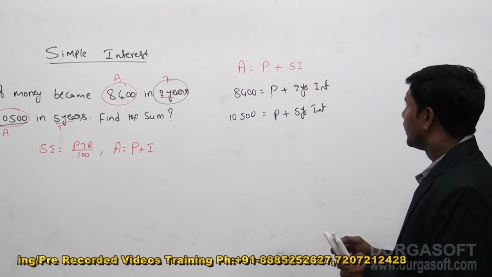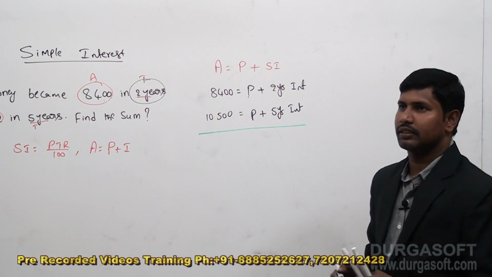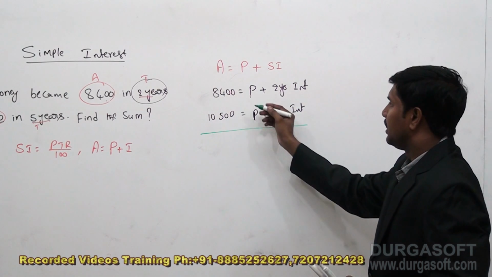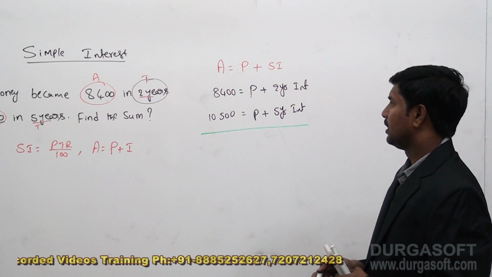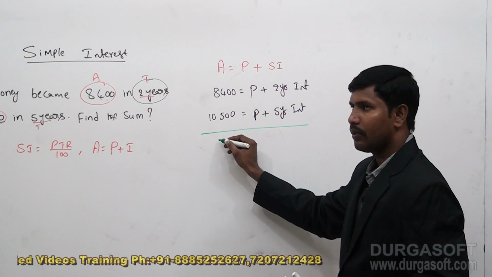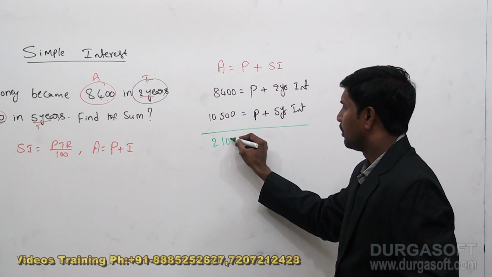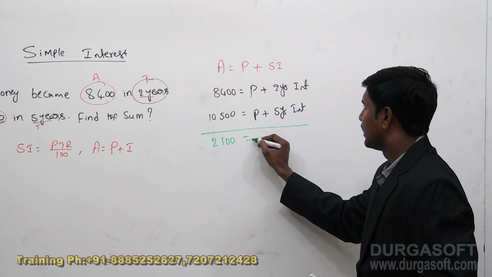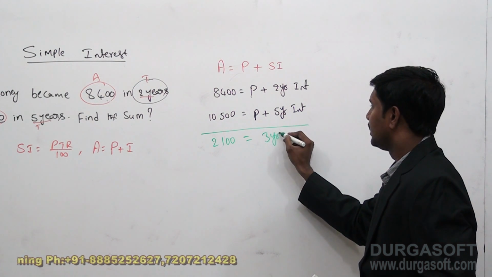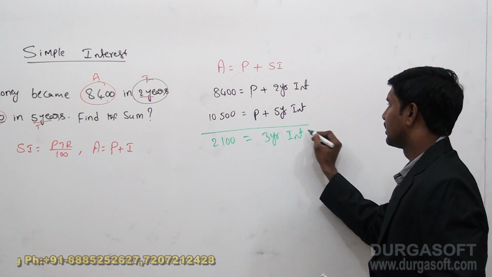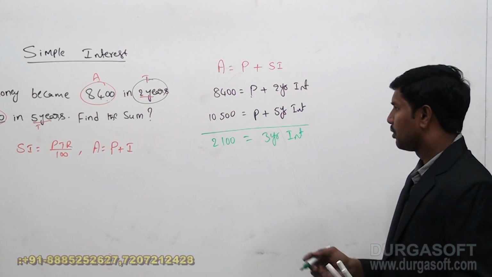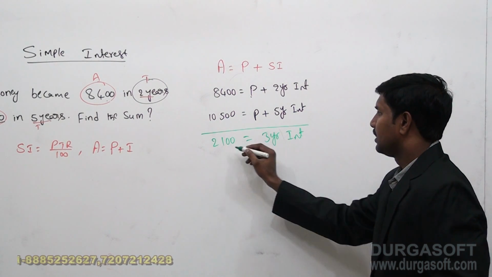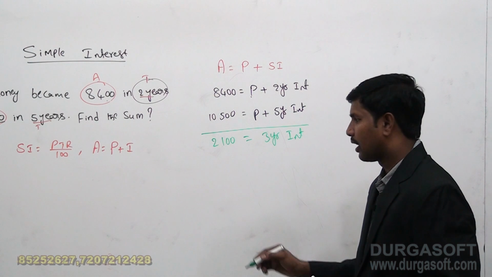Now when you look at these two equations, the difference between these two is simply 2,100, and the difference here is simply 3 years interest. From this what you can understand, 3 years interest is equal to 2,100.